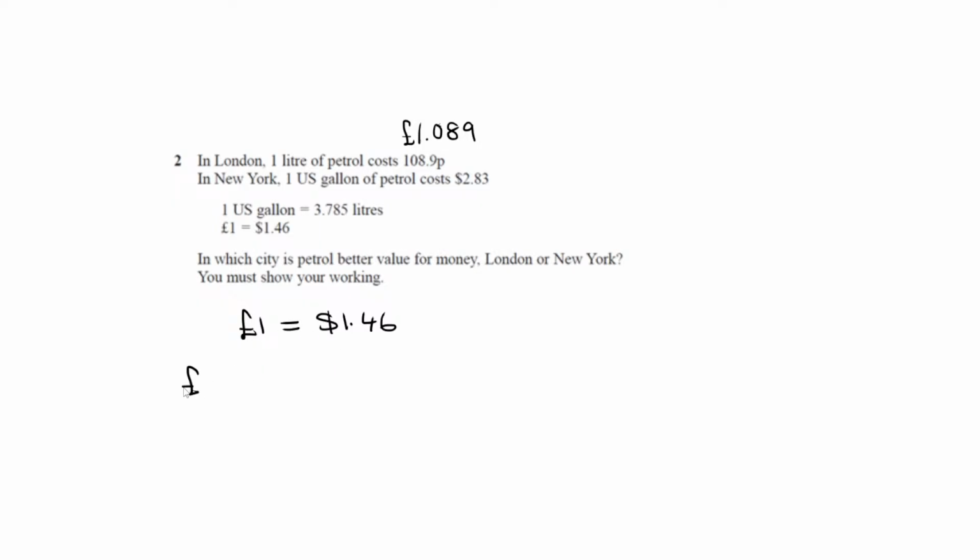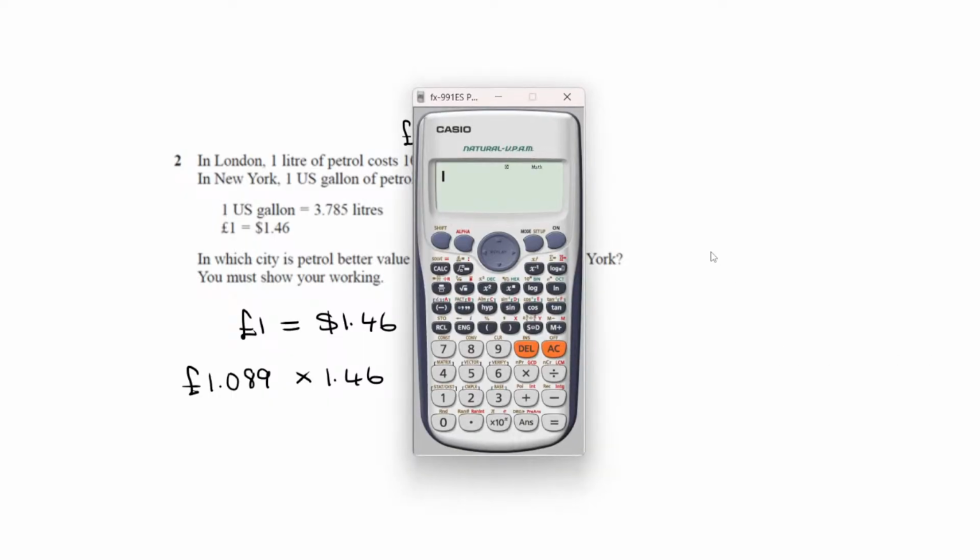Do you see how I'm working with the side that it was based in? When I say based in, it's the one that's £1, or in the top one, the US gallon is the one it's based in, isn't it? 1 US gallon. If you're working on that side, you multiply, right? So I'm going to multiply this by the 1.46, which, let me grab my calculator. There we go.